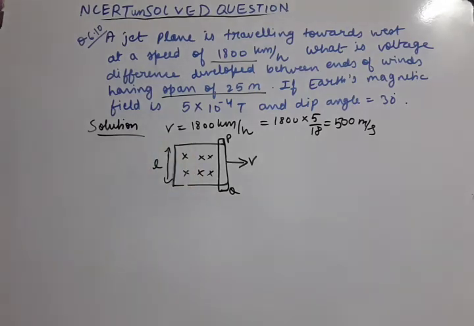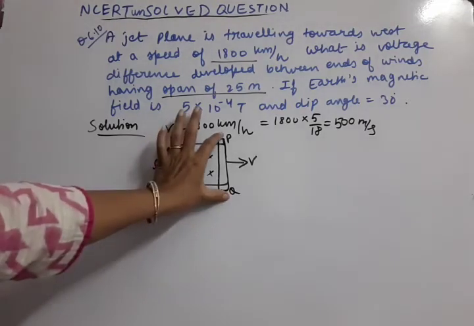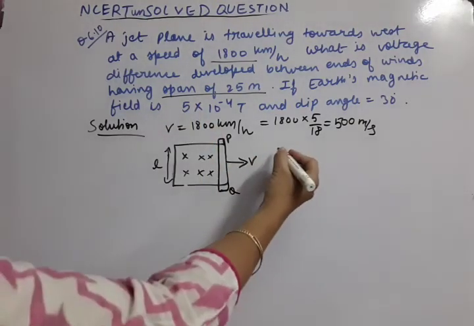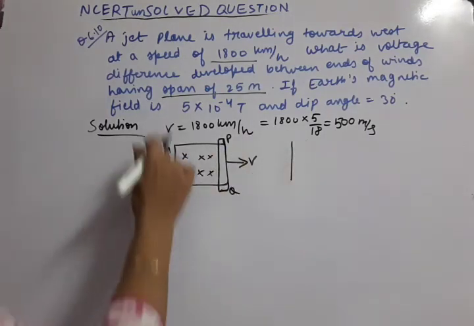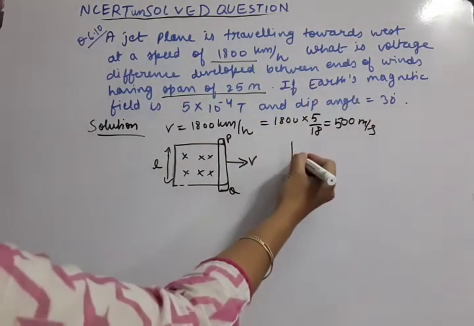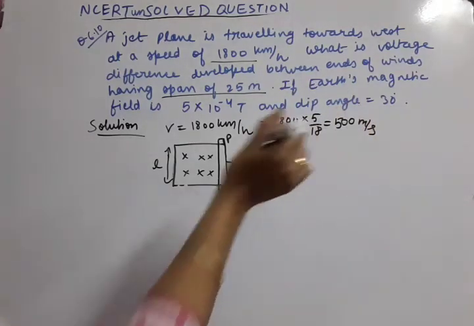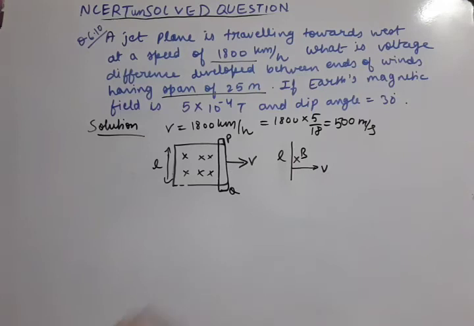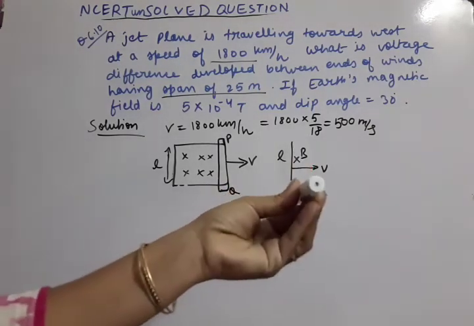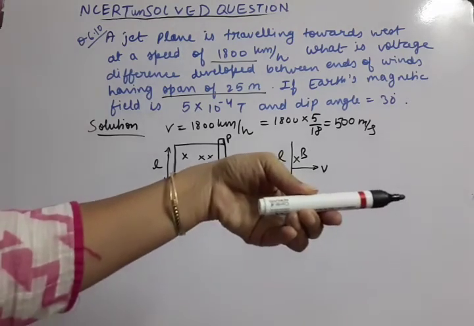Then only, that means when all three things are perpendicular, the induced EMF is produced across PQ. So you can see L is vertical, the magnetic field is normal, and the velocity V is this way. So all three things should be perpendicular to each other. This is L, this is B, and this is V.